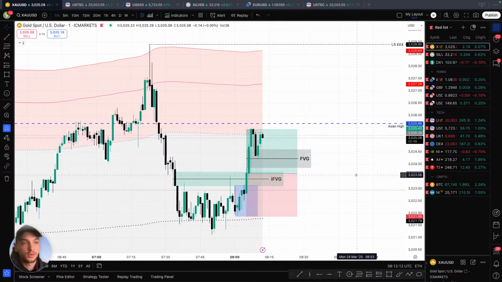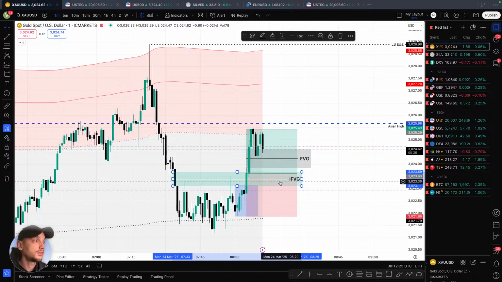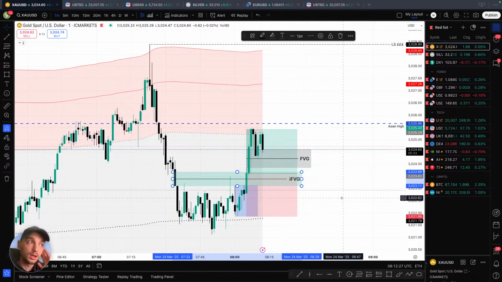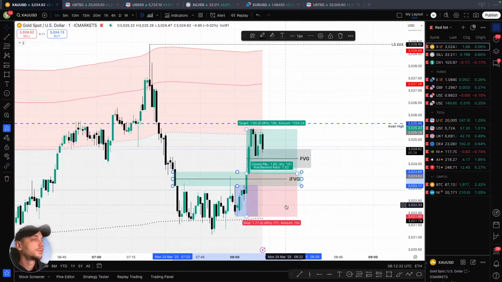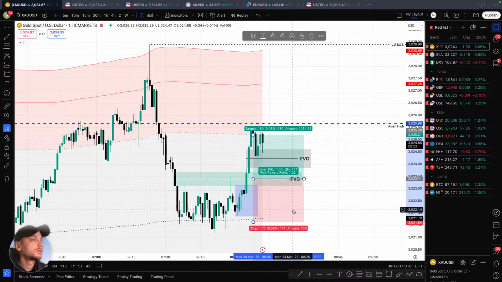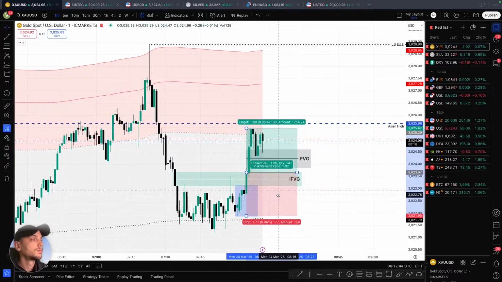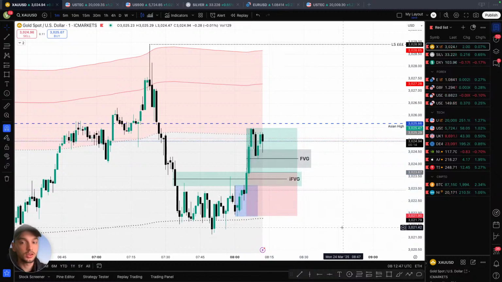The 15-minute ORB usually gives you more time to react. The price is retracing now. Big drop. If we see tapping this fair value gap, or inverted fair value gap, I should say, we might do an entry like this. For now, we're just watching.